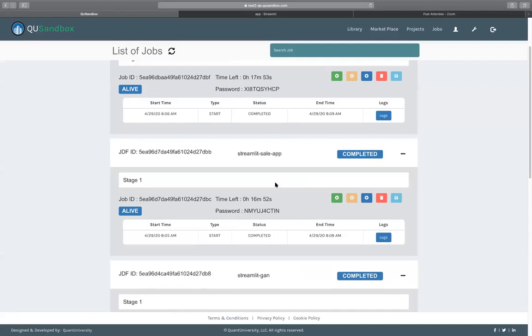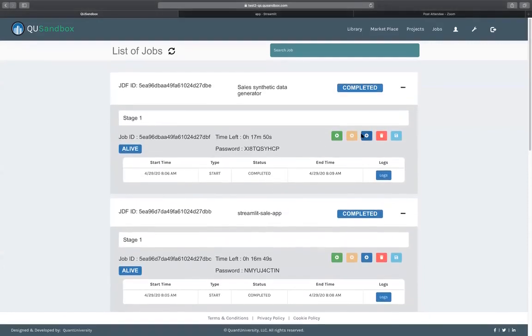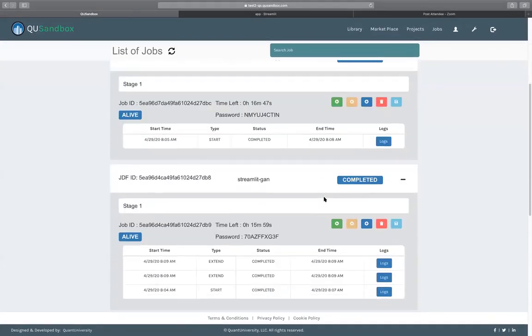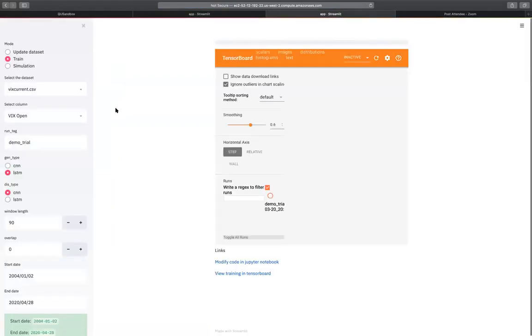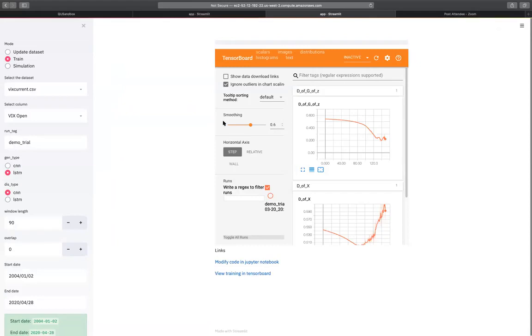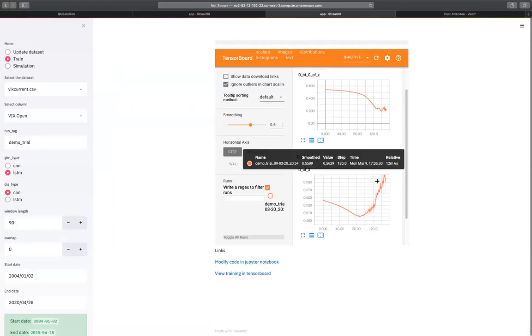And then another example to show, this is the VIX data generation example I was just telling you about. This is TensorBoard, which will tell you the status of how good your training is.